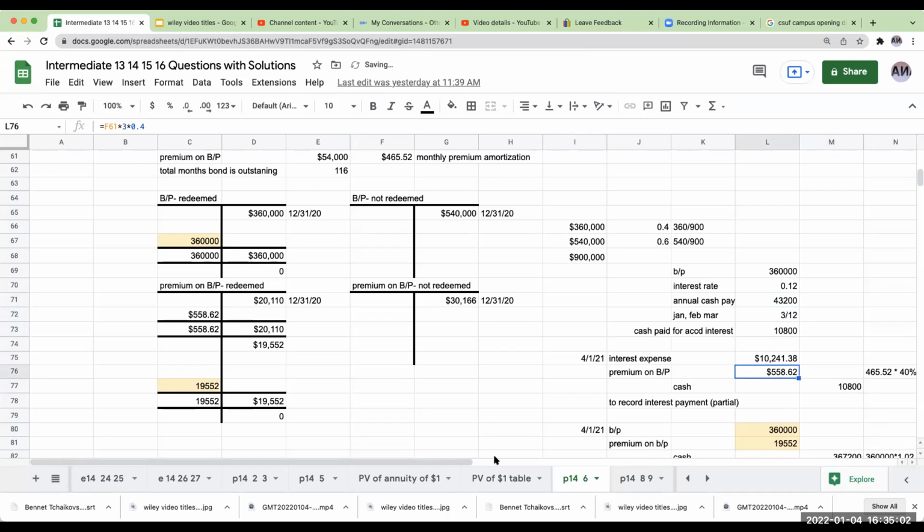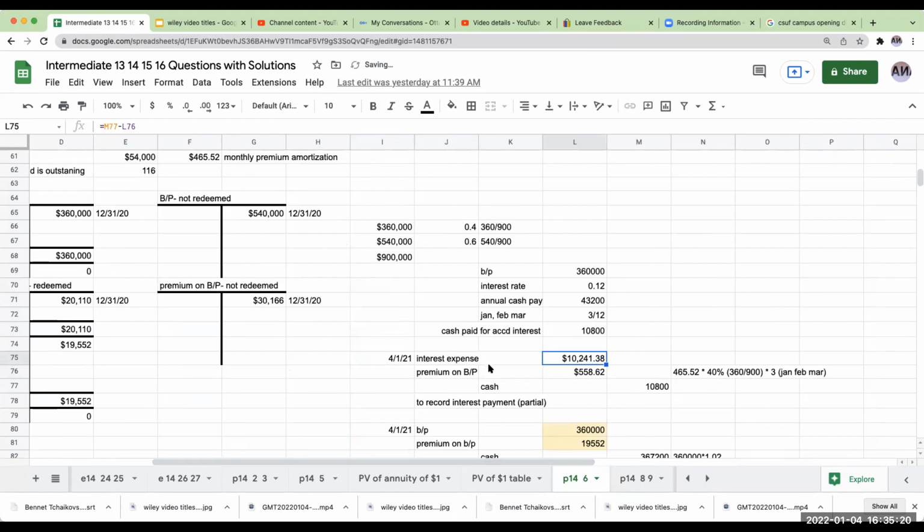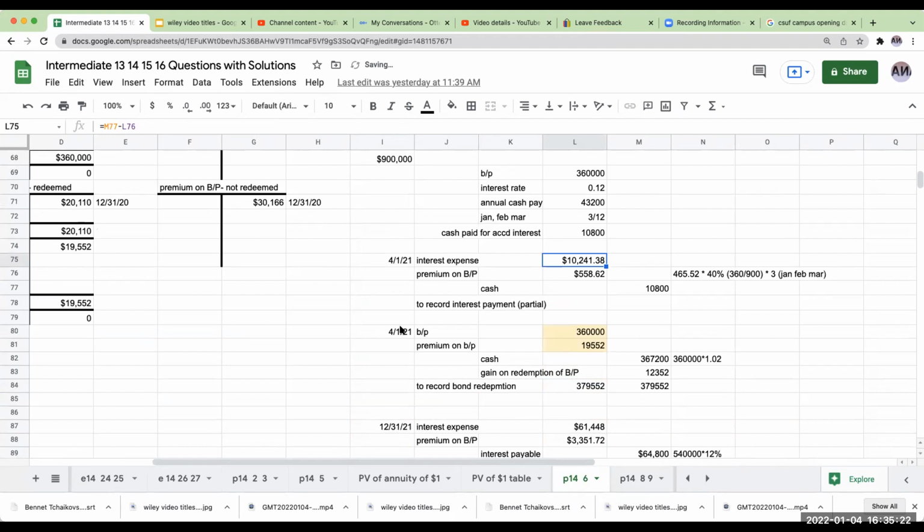My premium on bonds payable is going to be 558.62, which is the 465.52 monthly amortization times the 40%, because we're dealing with 360,000 of the bonds, times 3 months. So the interest expense is a factor of that. Then we get to the bond redemption.